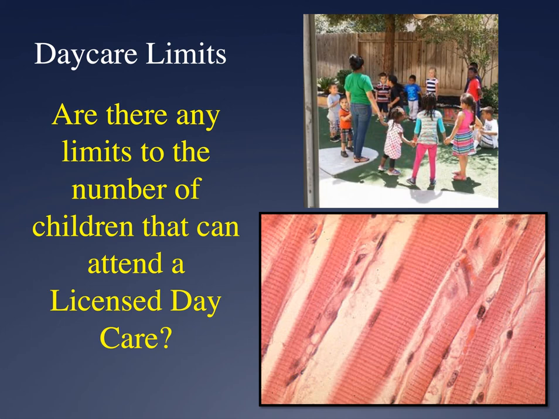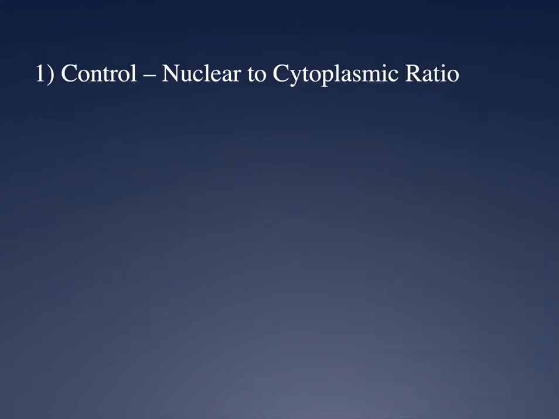So that suggests, back to the whole point of this slide, that one limit of cell size is the ratio, just like we had a ratio of adults to kids in a daycare, the ratio of one nucleus to the amount of cytoplasm. We call that the nuclear to cytoplasmic ratio. To get really, really big as a skeletal muscle, you're going to have more nuclei. And that's an unusual characteristic of skeletal muscle.